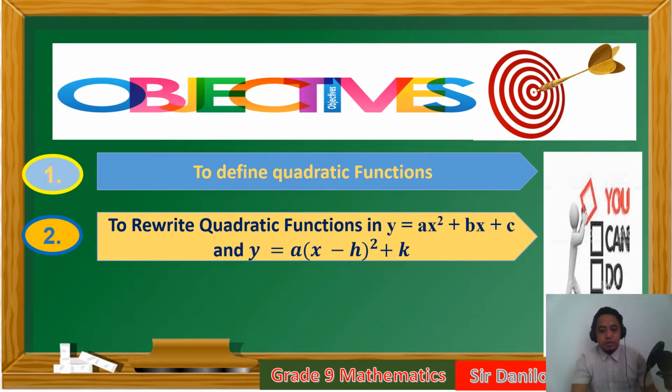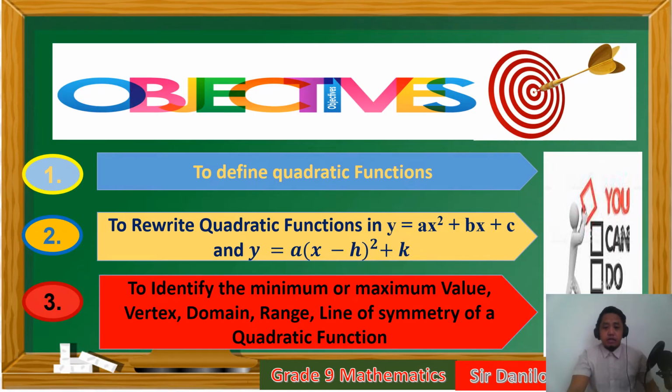So yung forms na yan ang unang target natin for today, we can rewrite any quadratic function in these two forms. Then number three, of course, we're going to identify the minimum or maximum value of a given quadratic function. Of course, the vertex, the domain, range, and the line of symmetry of a quadratic function.